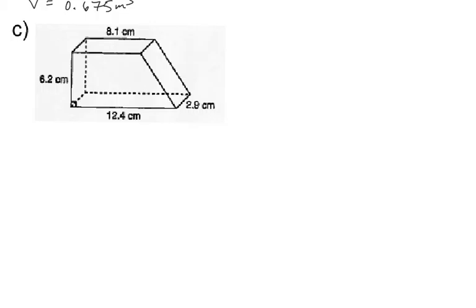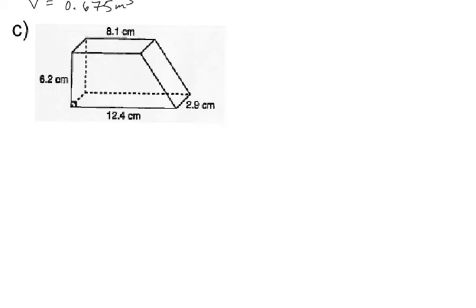Looking at this problem, based on my experience, calculating the volume of a trapezoid is much easier than calculating the surface area of a trapezoid. There's a lot more shapes in the surface area of a trapezoid than there are in the volume calculation. So we'll start with that.